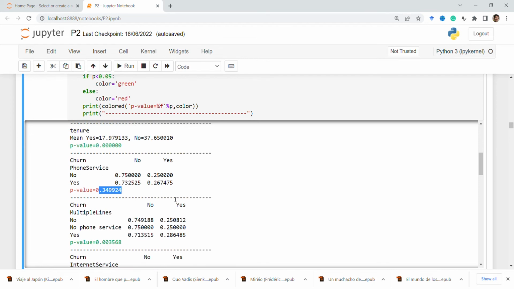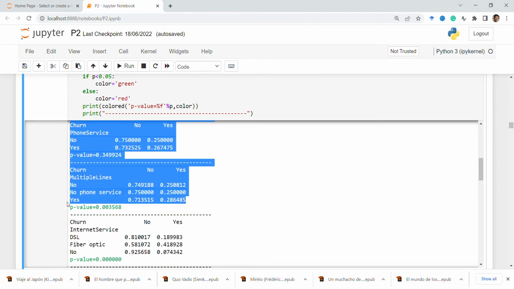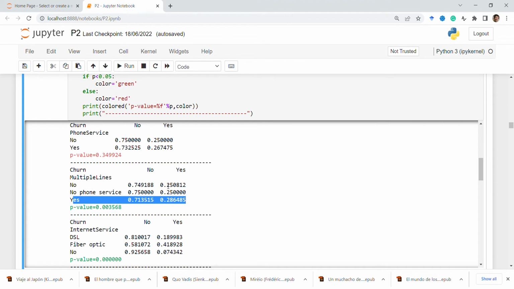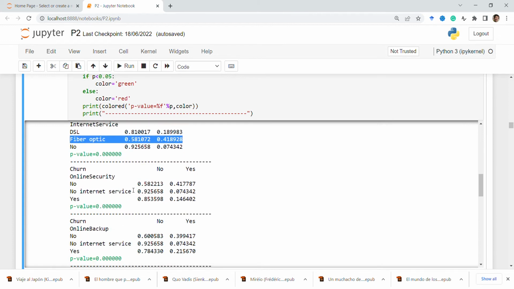Phone service, it is not significant. Multiple lines is significant. So if you have multiple lines, it is more likely that you leave the company. And the same for the internet service. If you have fiber optic, it is more likely. Online security, if you don't have it, it is more likely.